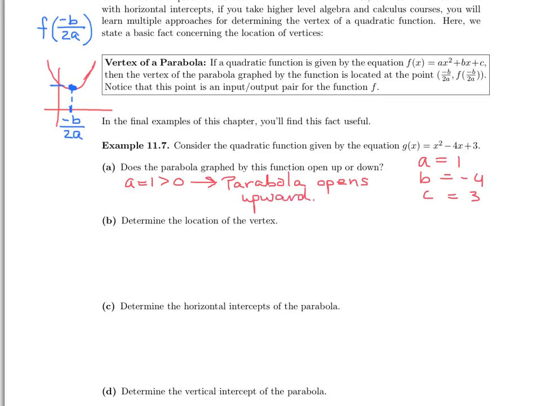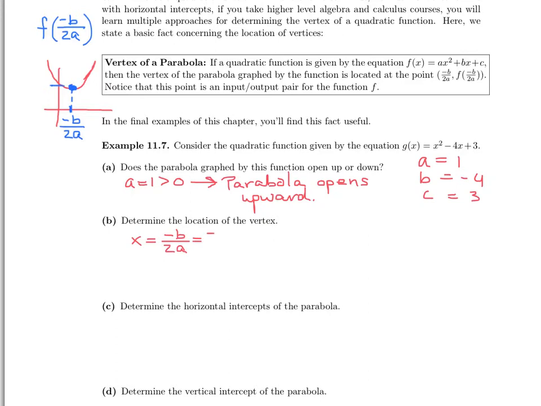Now let's look at part B. Determine the location of the vertex. Well, that is where our fact that we've just learned will be helpful. To determine the first coordinate of the vertex, we use this formula. So let's try it out here. The x value is minus b over 2a.